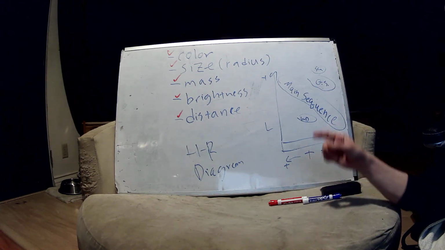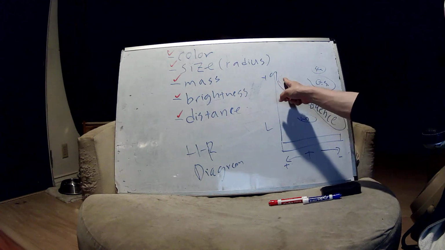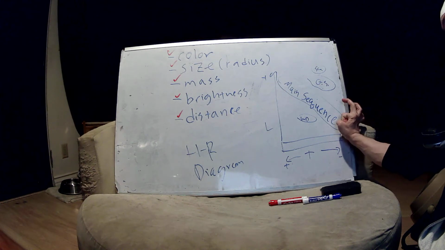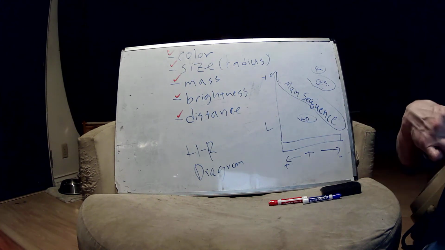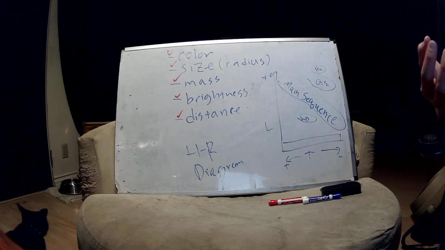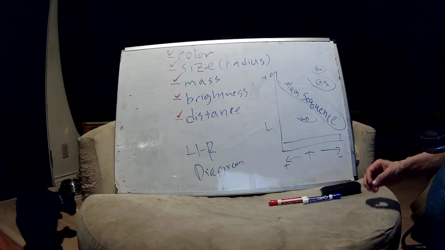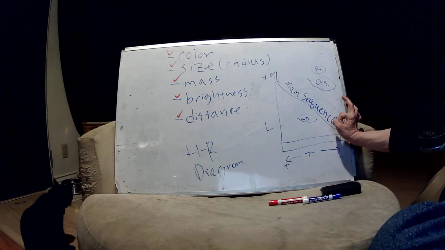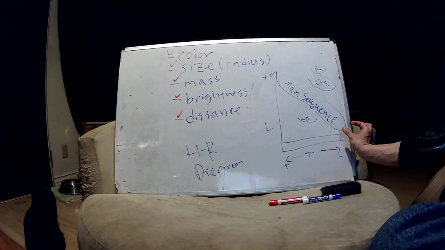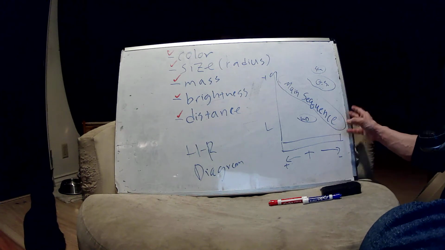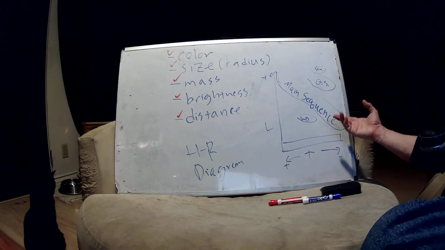Not to mention, bluer main sequence stars are larger than red main sequence stars. Red main sequence stars are small in comparison. If we want to talk about actual physical size, the class M star might only be like a sixth, or like maybe up to half the radius of the sun, and only has like maybe 5%, like a 20th of the sun's mass.